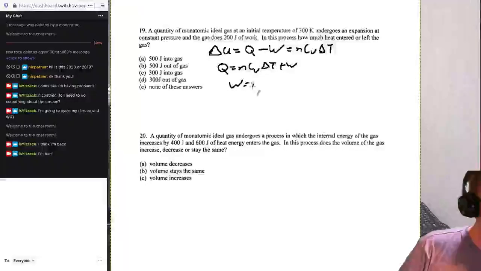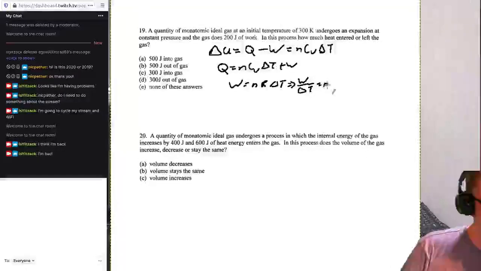The work is equal to nR delta T, as I showed in a previous example. So we can find nR by doing work over change in temperature, and nR is equal to 2/3, in proper units, joules per Kelvin.